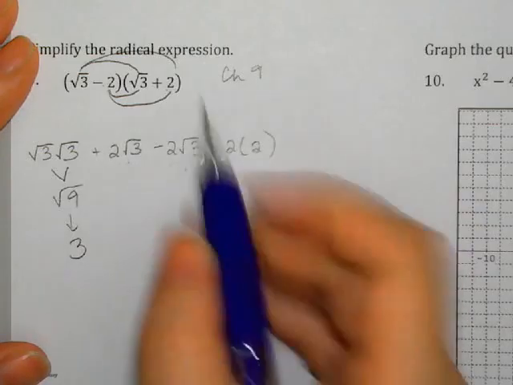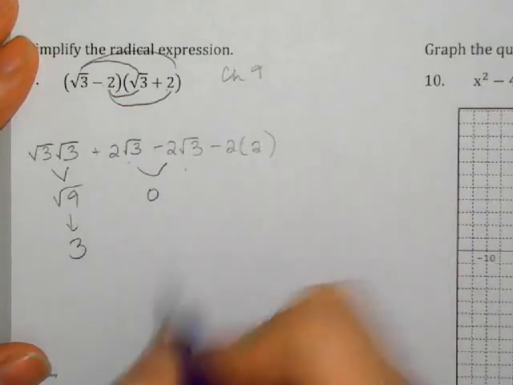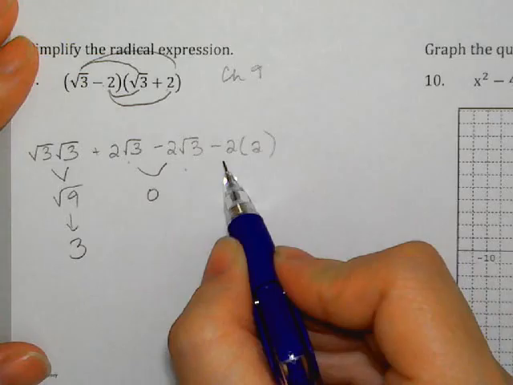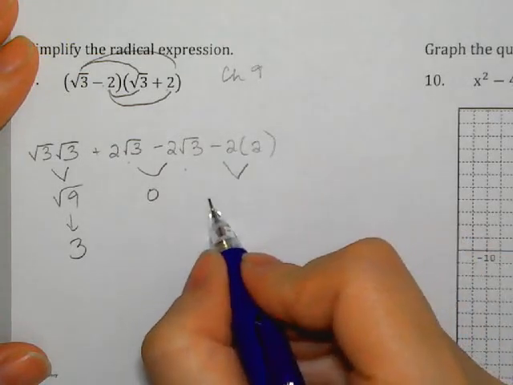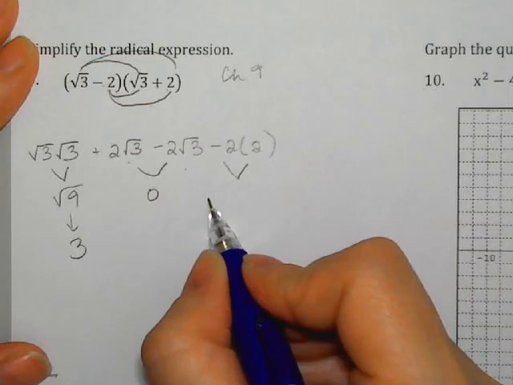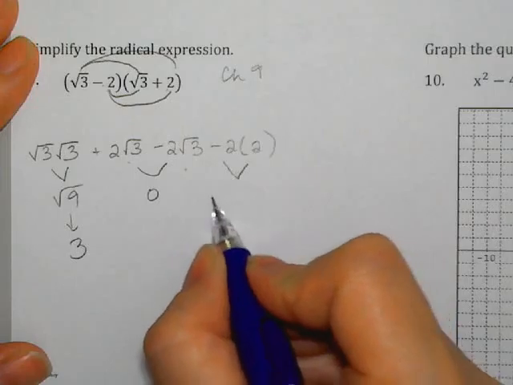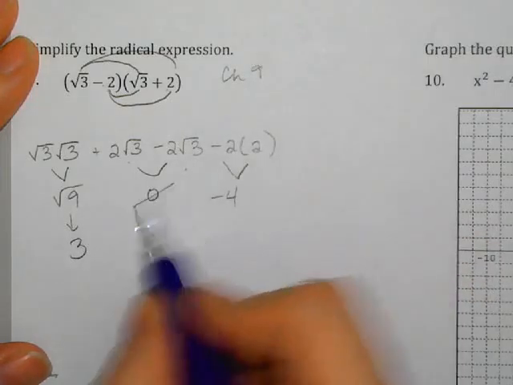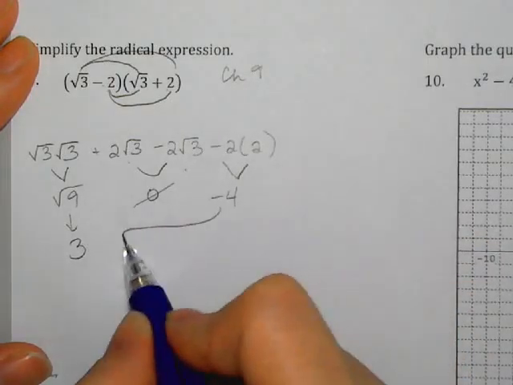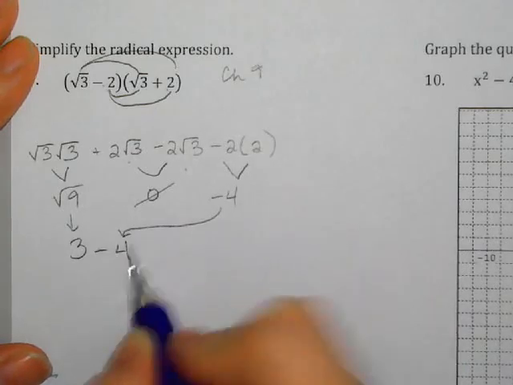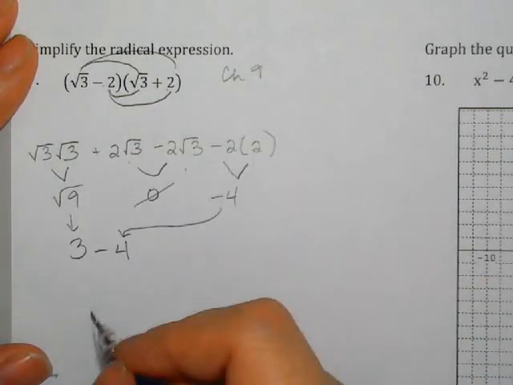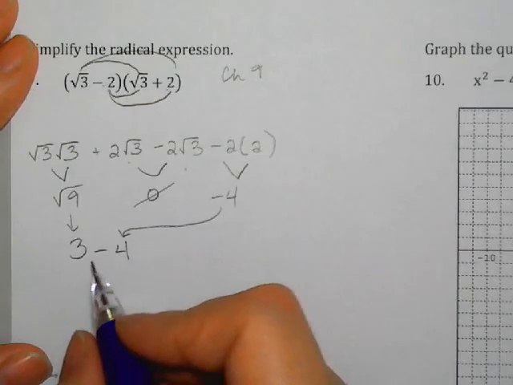So remember, it's the positive and negative of the same thing, so that is 0. And then what's negative 2 times 2? Negative 4. So 0, I don't need to drop down. Negative 4, I'm going to drop down. So this is 3 minus 4, which gives me negative 1.